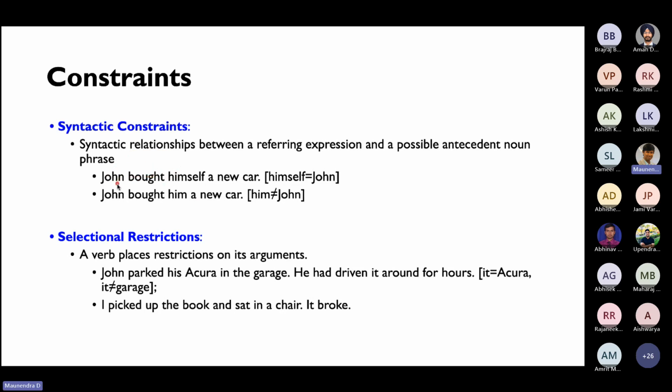So himself is John, but when we say John bought him a new car, this him is not John. Now this typically deals with the meaning of specific words, and there will be a handful of such words for which some rules can be created. So earlier anaphora resolution algorithms made use of these kinds of rules quite significantly.